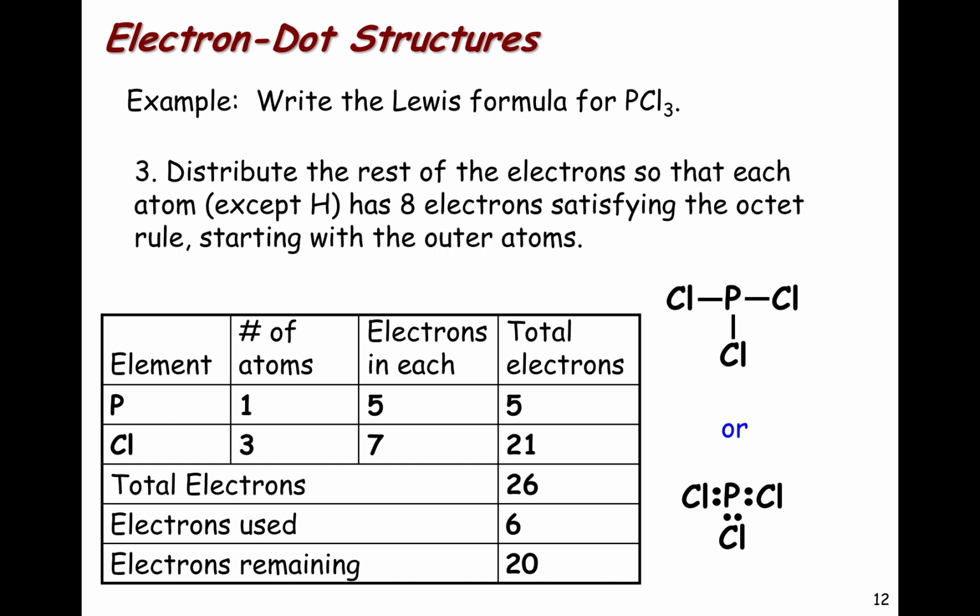Finally, for those remaining electrons, we need to distribute the electrons first to the terminal atoms and then, if necessary, to the central atom. So we're going to give pairs of electrons to the chlorine atoms until we come up with a total of 8 electrons. In this case, we have 3 pairs of electrons that we've added to the chlorine on the left, plus the bonding pair of electrons, which is then a total of 4 pairs, or 8 electrons.